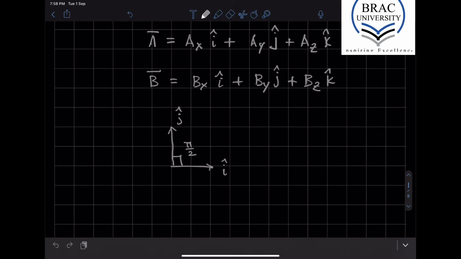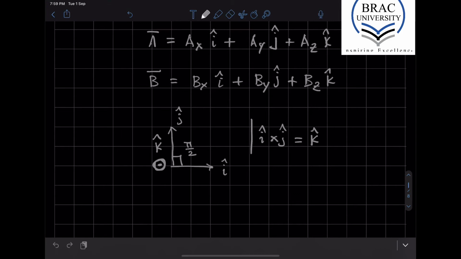Then according to the right-hand rule, the cross product between i and j will be a vector pointing out of the page. We call this vector k. So we say i cross j is equal to k.